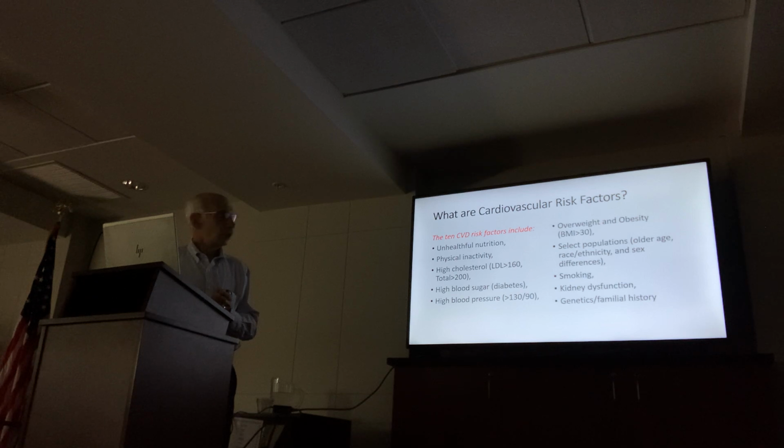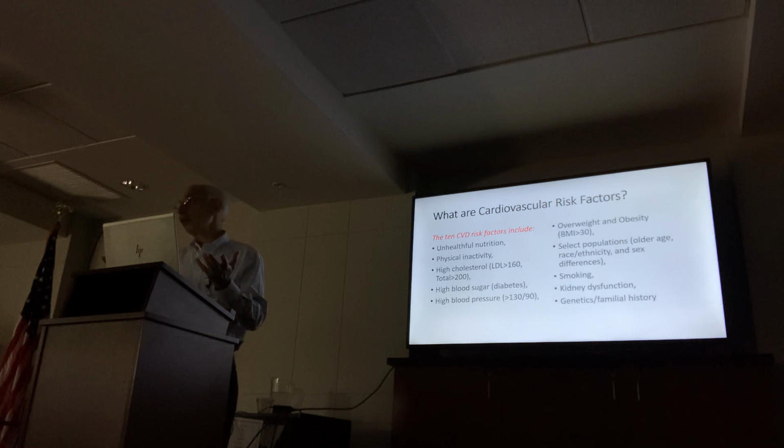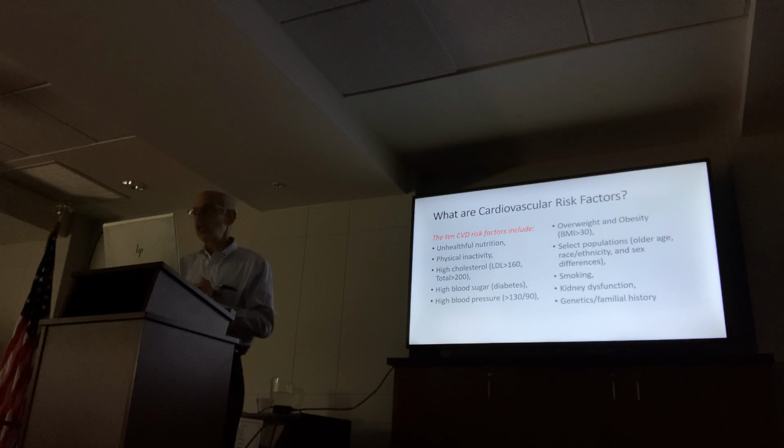Overweight and obesity, shown on the top right here. And then certain populations are at higher risk. For example, older age. The older we get, the higher our risk of having atherosclerosis and cardiovascular disease. But certain racial groups, particularly African Americans, are at high risk of heart disease and stroke.